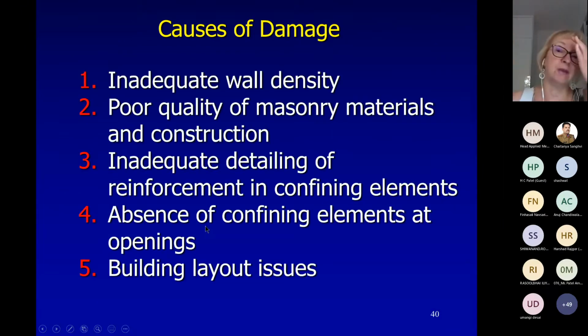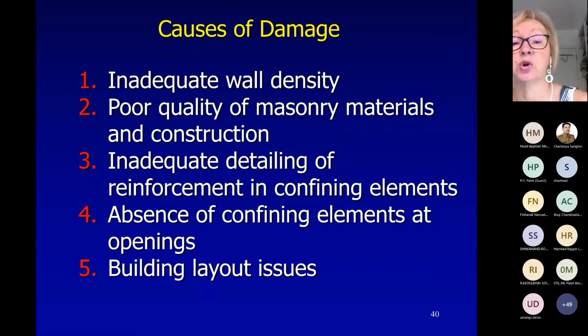So causes of damage in these buildings are inadequate wall density or wall index, because we did not calculate wall index. We did not have time to do detailed measurement of the dimensions, but there were very few walls inside. Besides exterior walls, there were very few load-bearing walls inside.